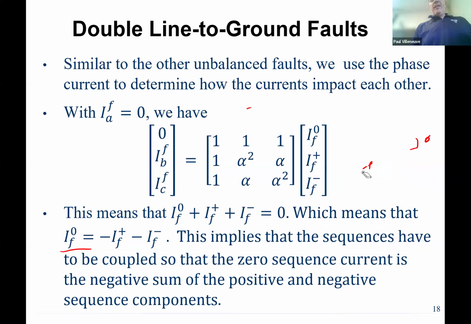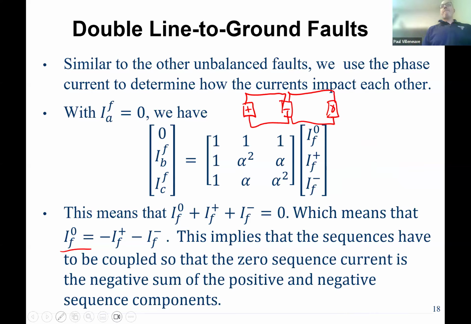Let's see if we can put all three in parallel. This is IF or IA positive, IA negative, and IA 0.